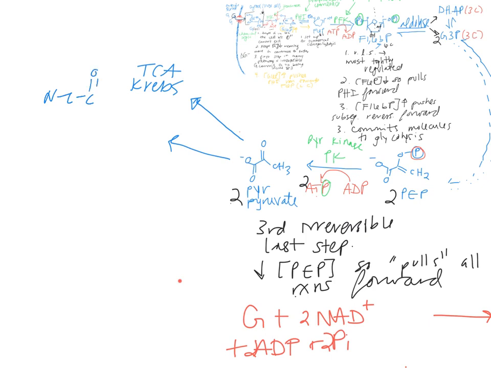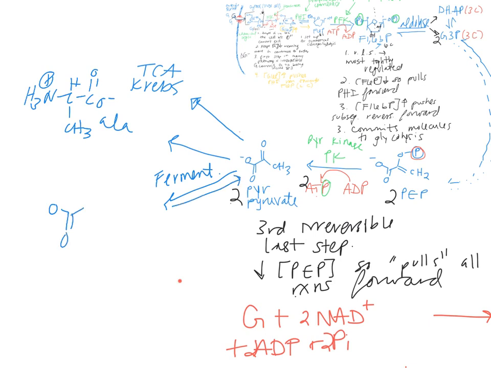N, C, C, H. Okay, so we can get an amino acid out of it. And then the third fate is fermentation. Specifically, this one is going to be lactic acid fermentation. And this is reversible, so it can go forwards and backwards.